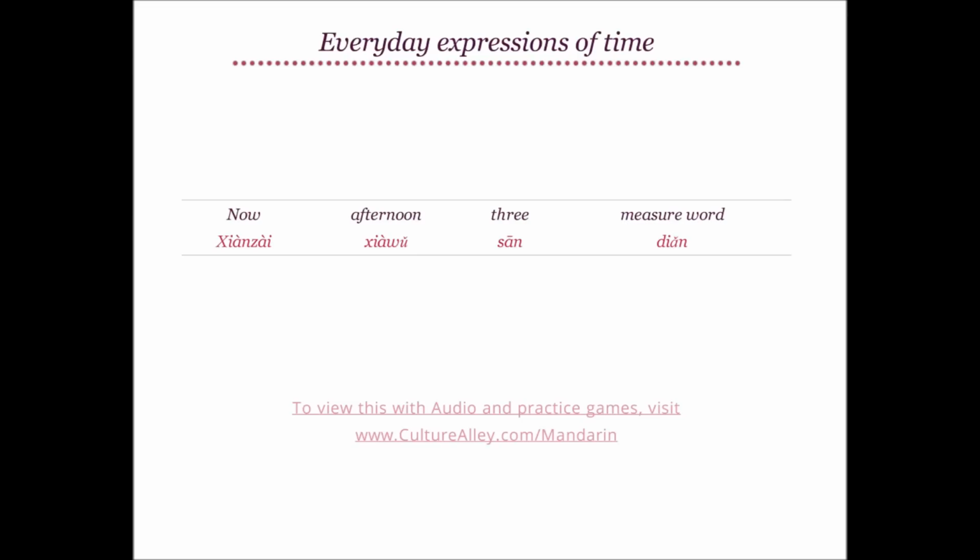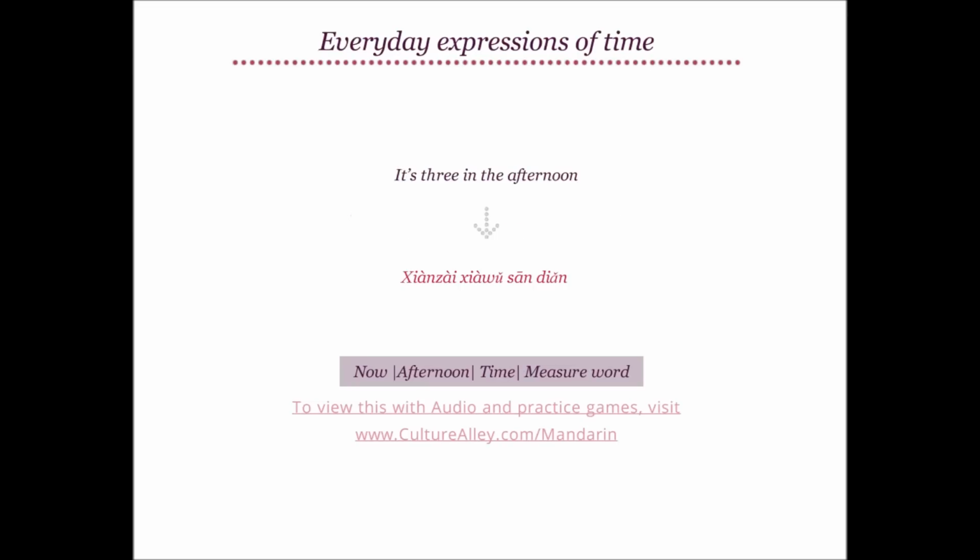And lastly, the measure word becomes 点. Thus, it's 3 in the afternoon is translated as 现在下午3点. The structure being now, afternoon, time, measure word.